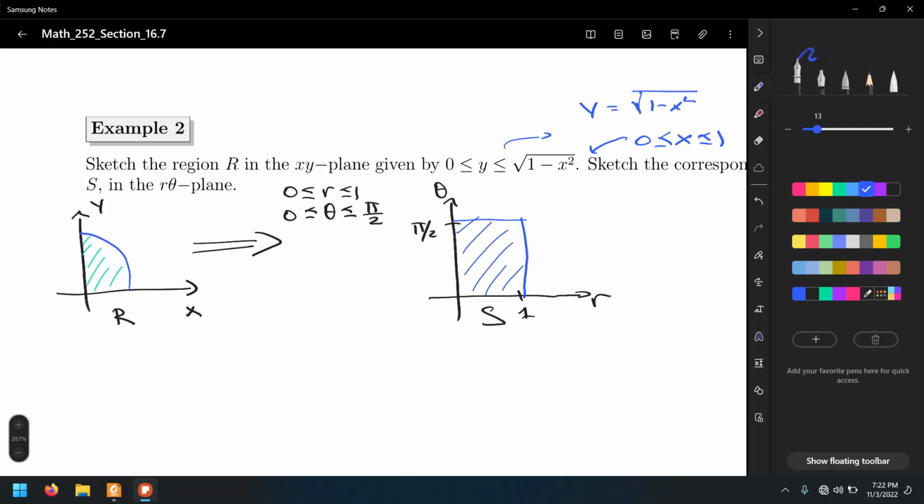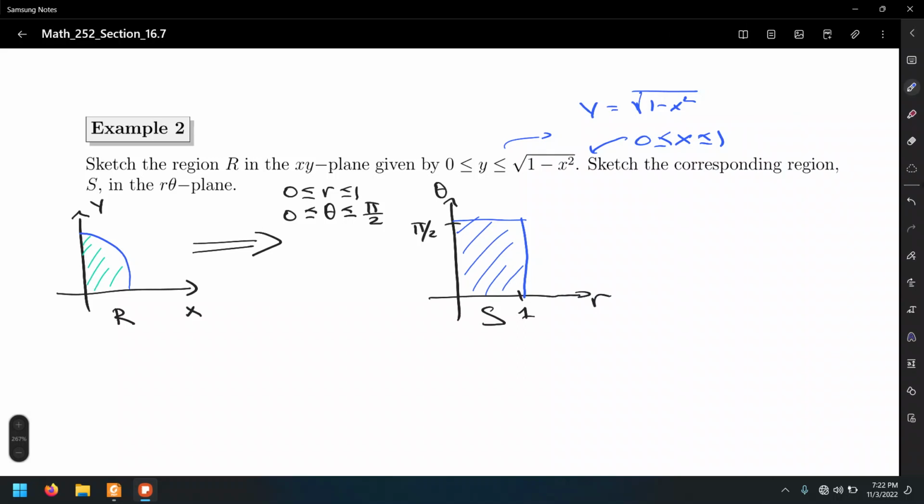So that's going to be our region in the xy plane, and then in the r theta plane. All right, so that means that if we set up the integral without limits, we go from the double integral of dA to the double integral of r dr d theta. In this case we would have needed to calculate the Jacobian, but we already got it from the previous part.